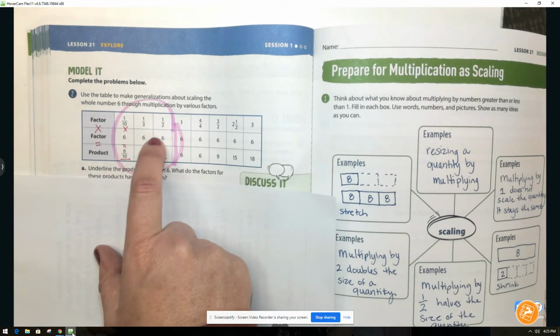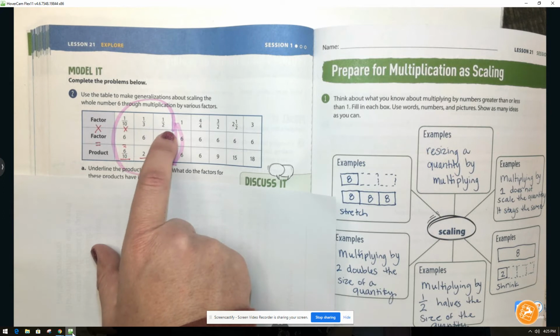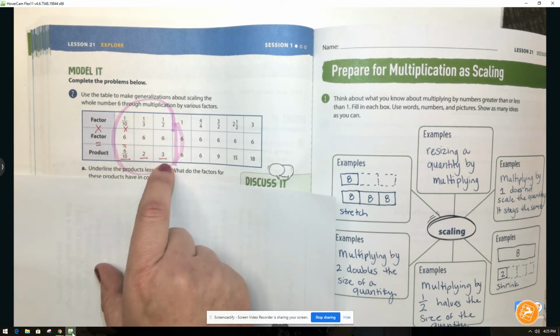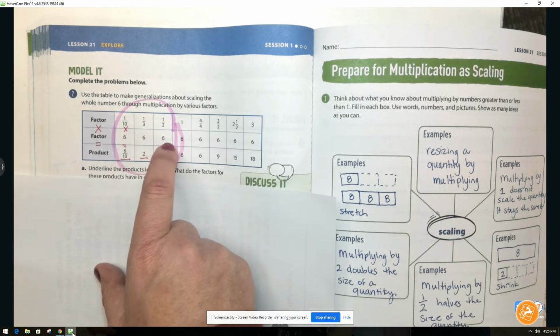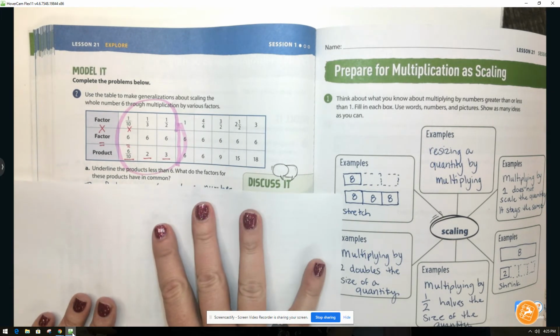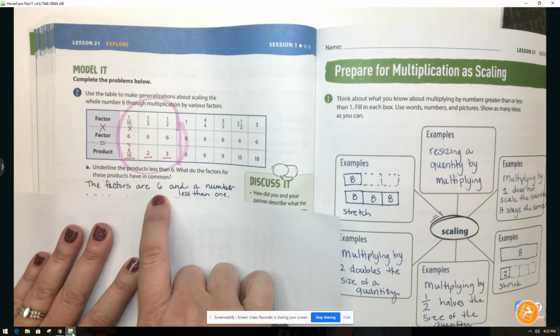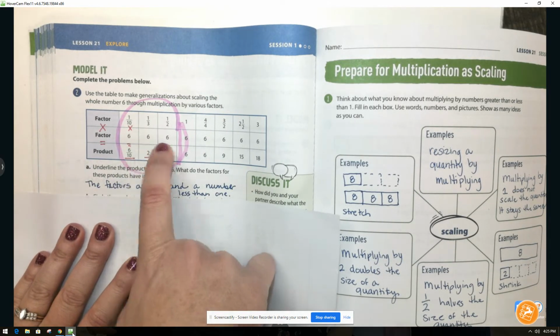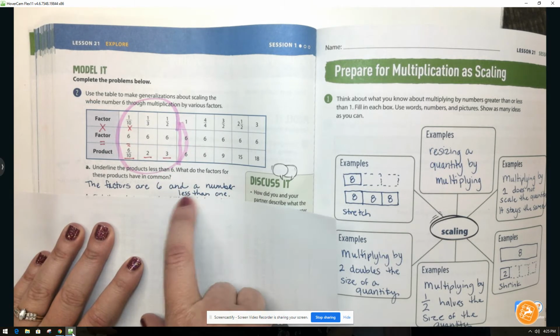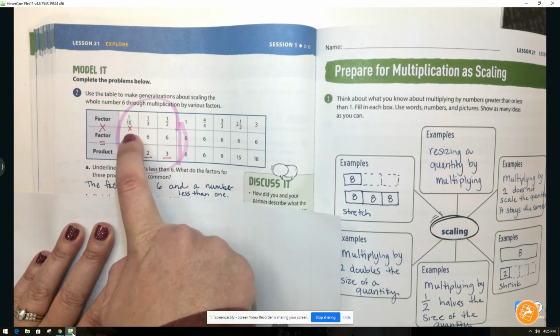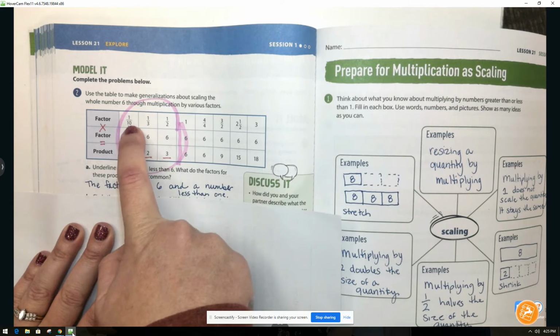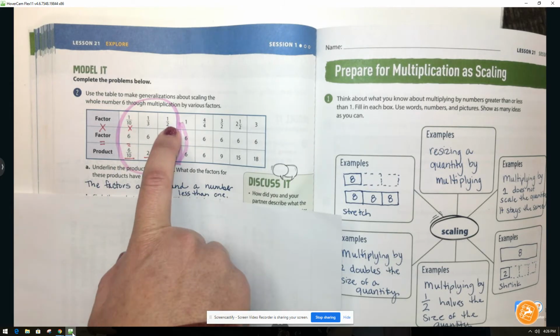And when we multiply any of these factors less than 1 times 6, we always get a product that is less than 6. So the factors are 6 and a number less than 1.